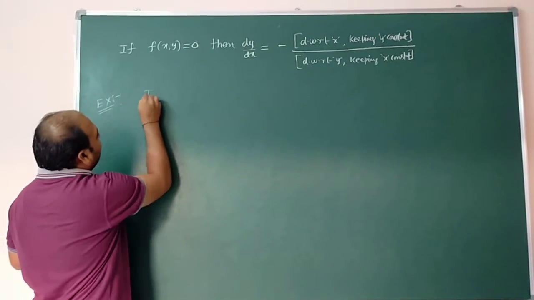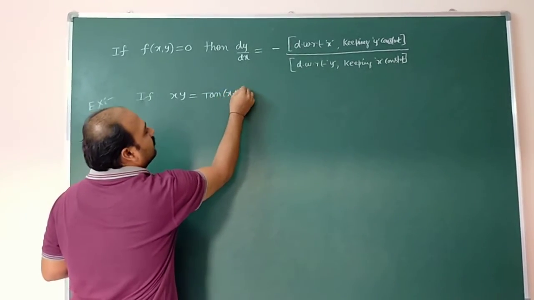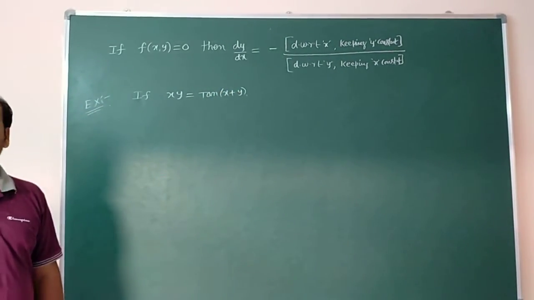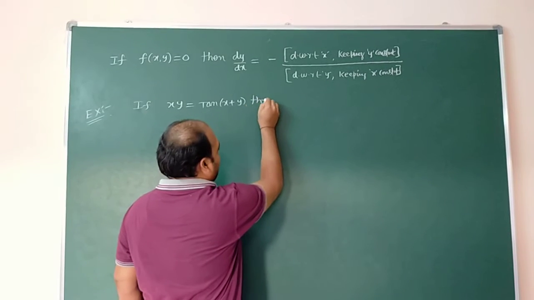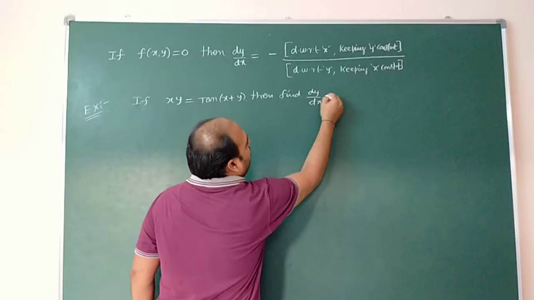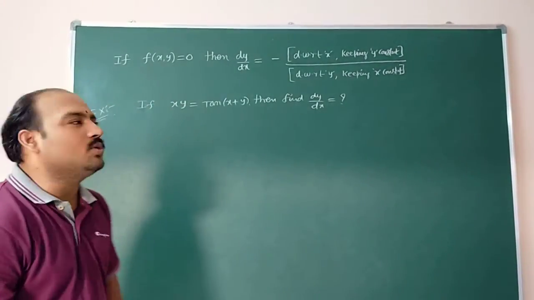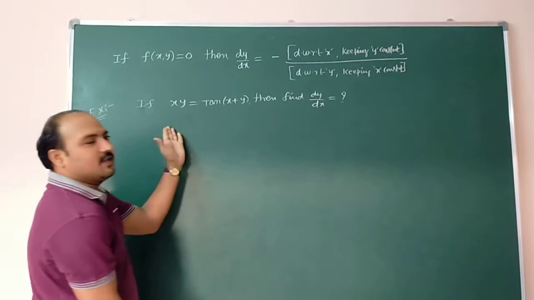If xy is equal to tan of (x plus y), then find dy/dx. The question is, find dy/dx. First you have to write f(x, y) equal to 0, so this value also we are taking this side.